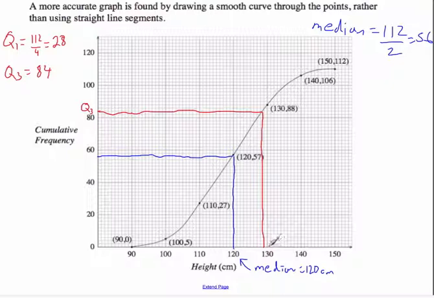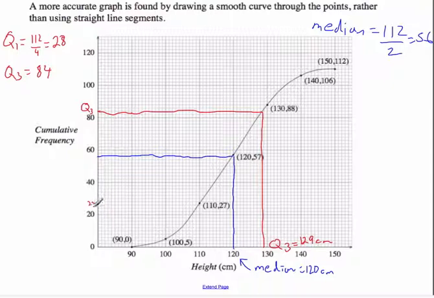Okay, so Q3 equals about 129 centimeters. And so then we're going to have Q1, which is at 28, so that's up to here.